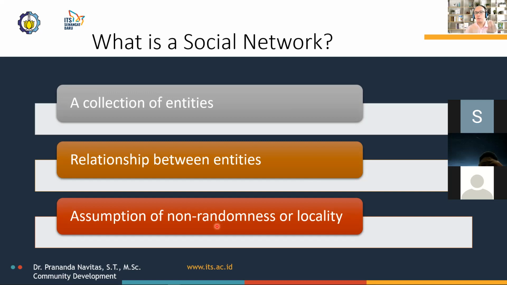And then A knows C, but they're not connected, but C is connected to B, and therefore C is a second degree connection, and so on and so forth. So I think that's one way of explaining this assumption of non-randomness or locality.